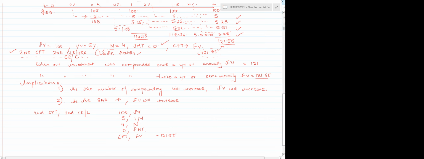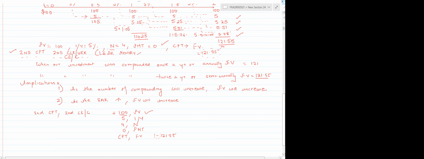So the reason why you're seeing a minus is that the default mode on your calculator is that whatever the sign of your PV is, since you've entered 100 by default, that means plus 100. Whatever is the sign of the PV, FV sign will be the exact opposite of that.